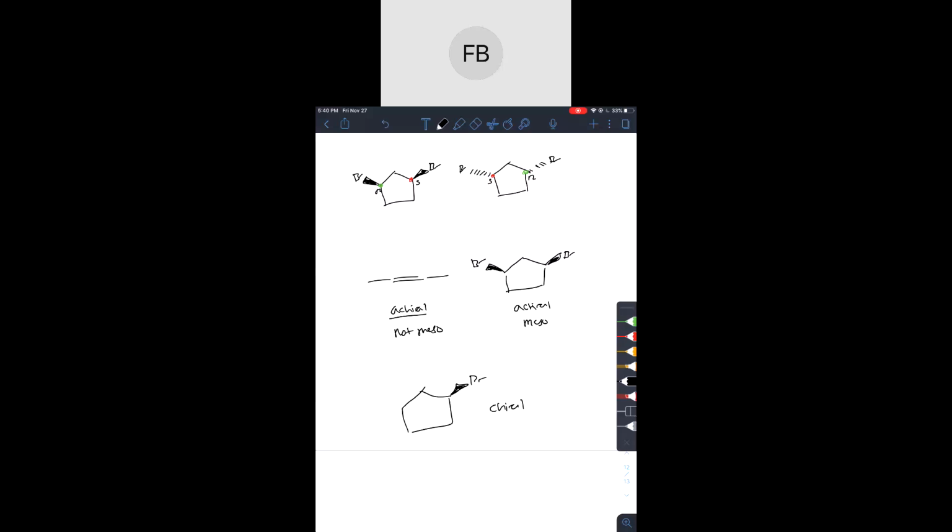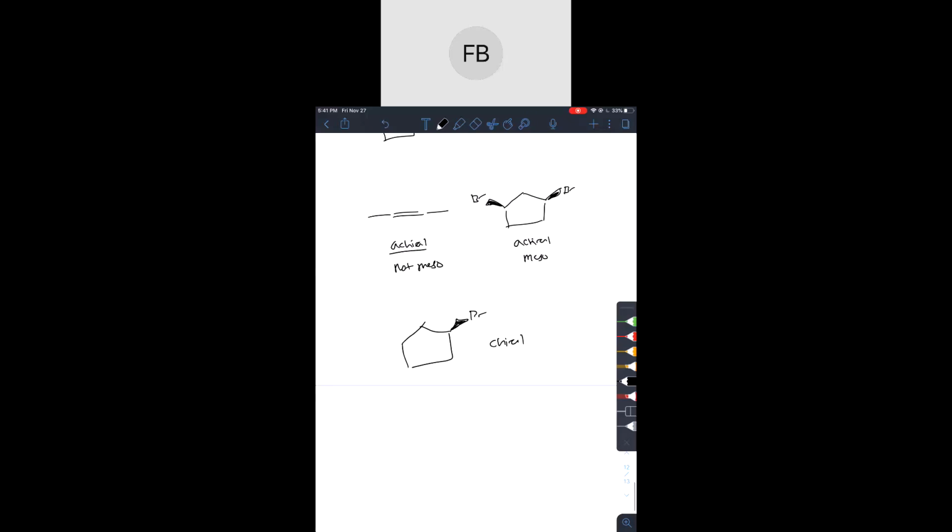So why was I saying all this? Achiral molecules are optically inactive. That is true because in this case there's no chiral carbons, so they're optically inactive. Having no chiral carbons will make it inactive.